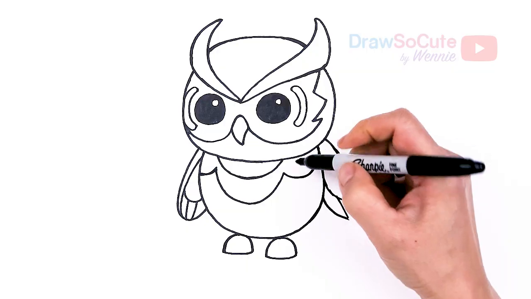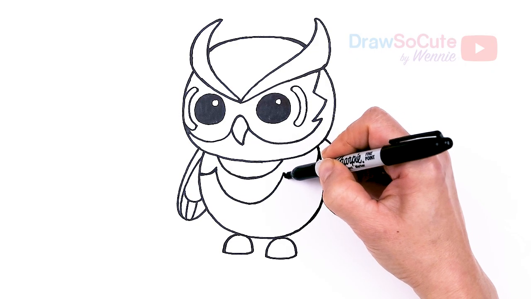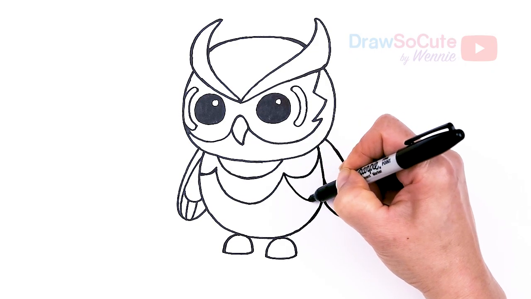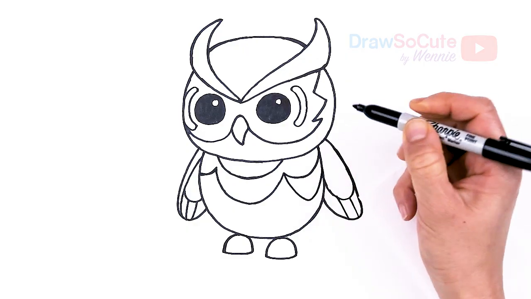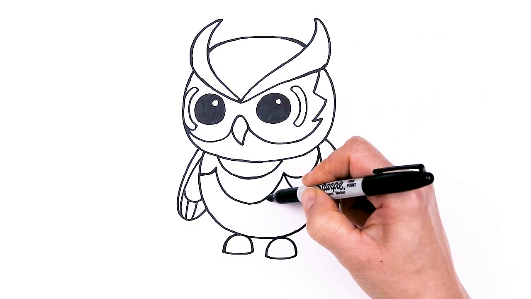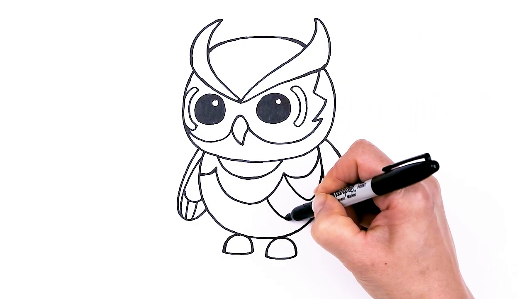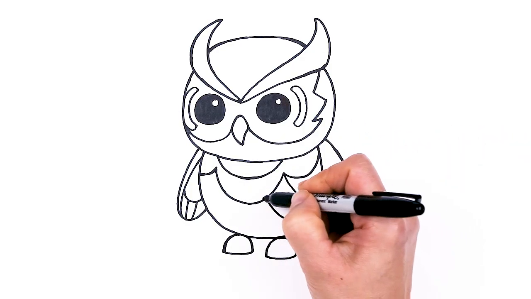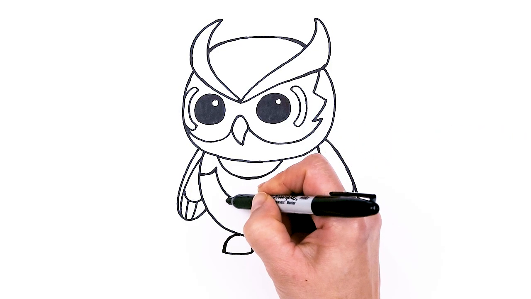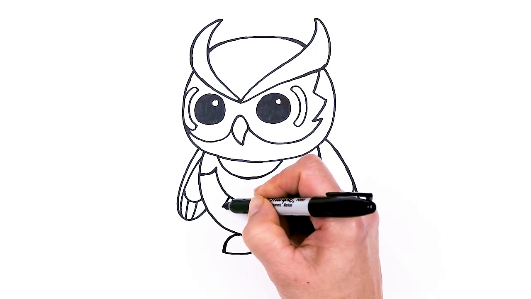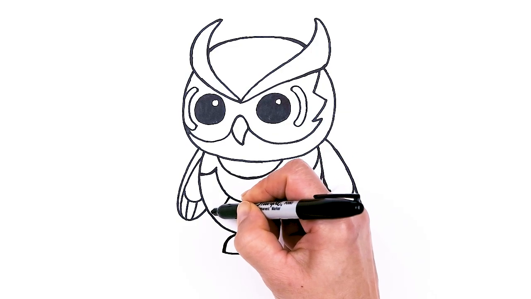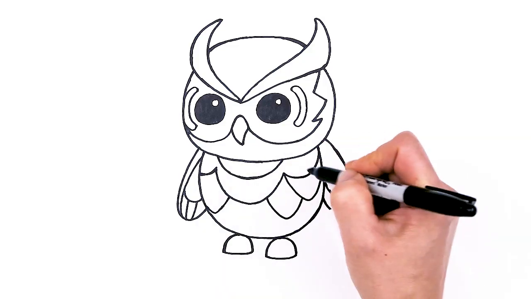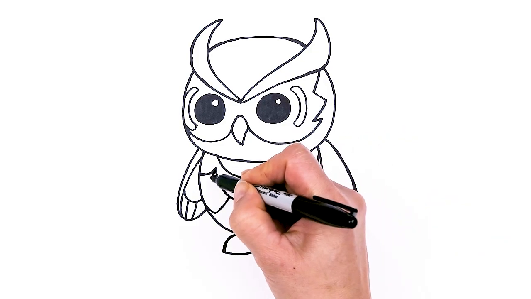There. And then for more, let's come right here and create another one and tuck it in. And then one more about right here. And tuck in, and then let's go to the other side, so about right here. And just create a curve and go in, and then another one for this one.